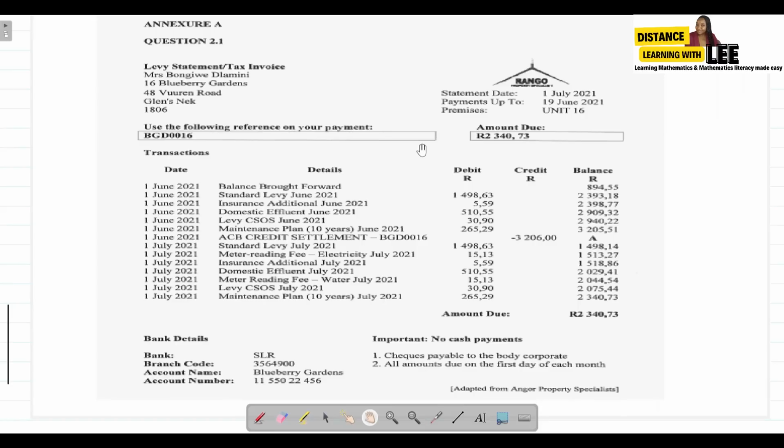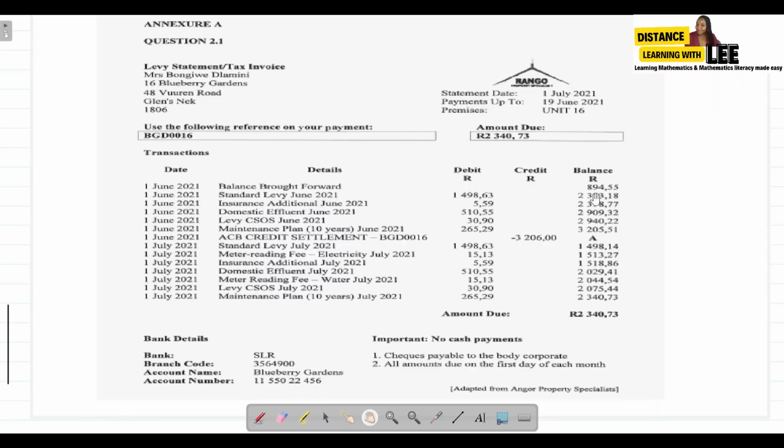This is the reference number that they have given Mrs. Bongiwe Dlamini to use every time she makes her payments for her rent and things like that. She needs to use this reference number so that they know that it's actually Mrs. Bongiwe making the payment. The amount that is due on her account is R2,340.73, okay? Then we are also given details here of all the transactions in this invoice.